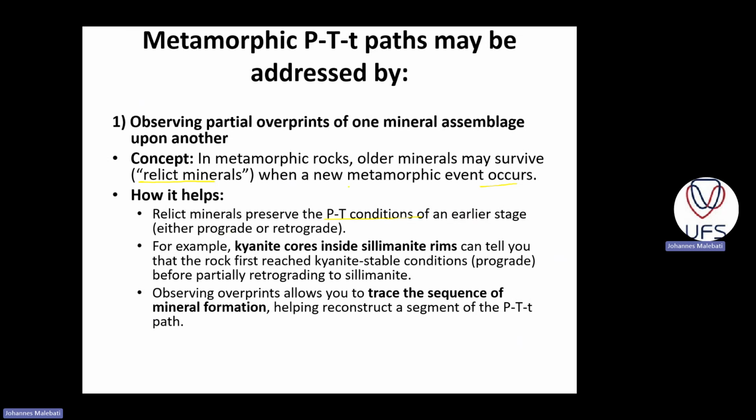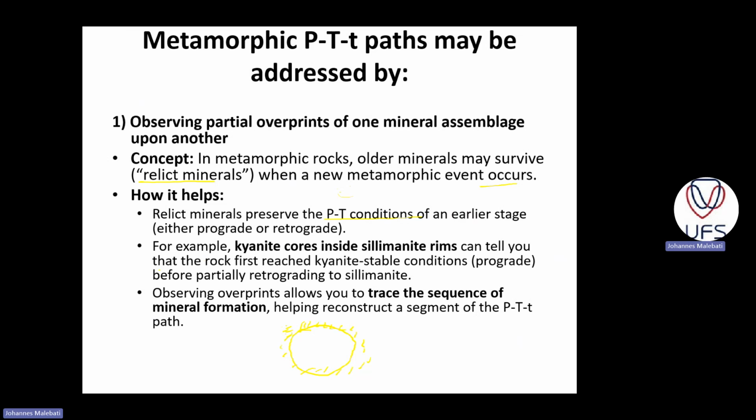These old minerals have information about the pressure temperatures of the early events. For example, kyanite cores. Remember, I've already mentioned that during retrograde the kyanite will be the core, and along the rim will be the sillimanite, because we did not have a sufficient amount of heat.